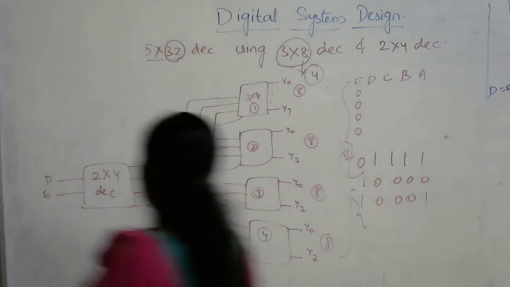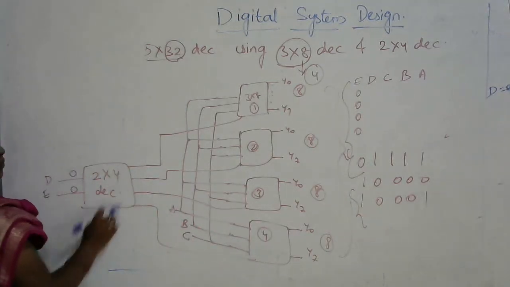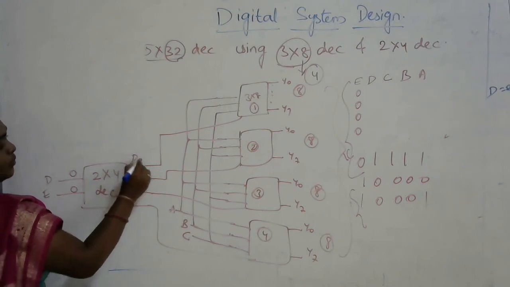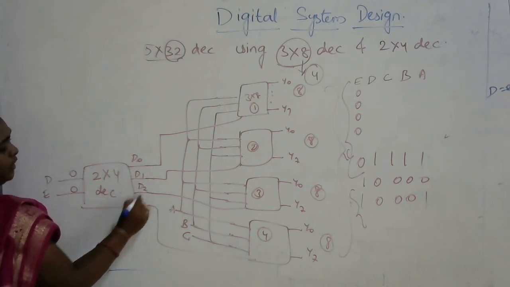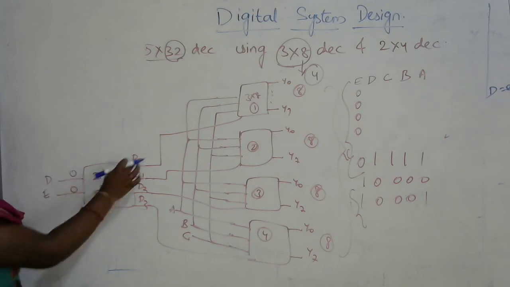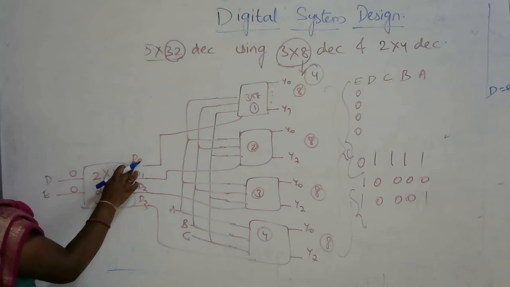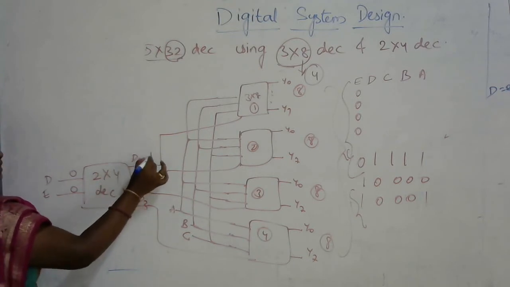So here, if both D and E are 0, 0, as a 2 by 4 decoder consists of 4 outputs, let me take D0, D1, D2 and D3. Among D0, D1, D2 and D3, only D0 is in the on state, that is the D0 output is equivalent to 1.